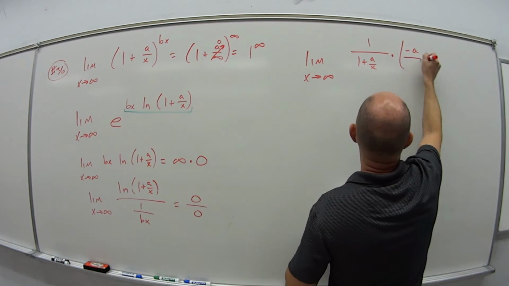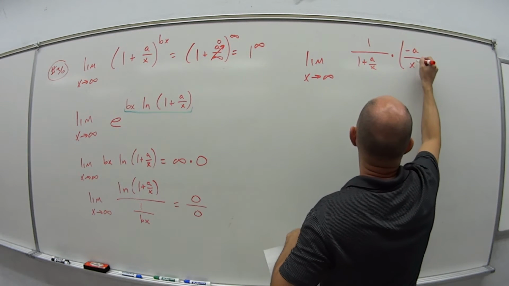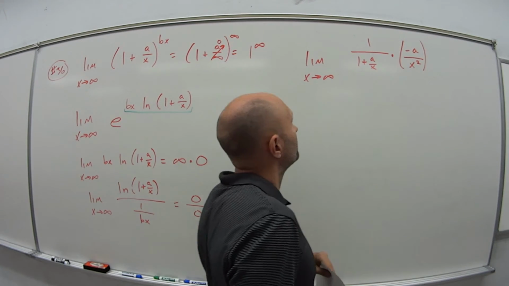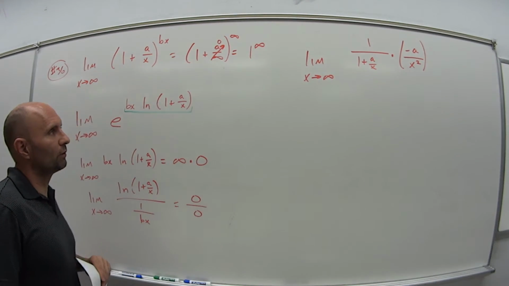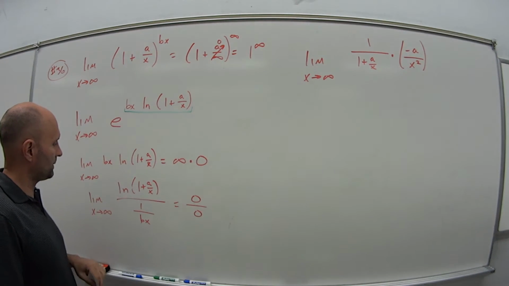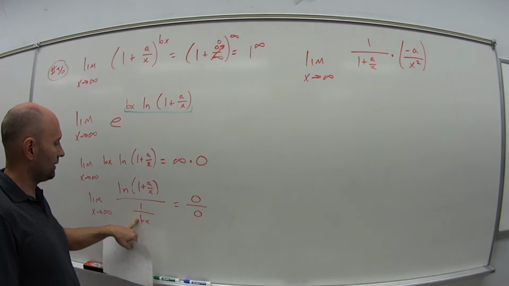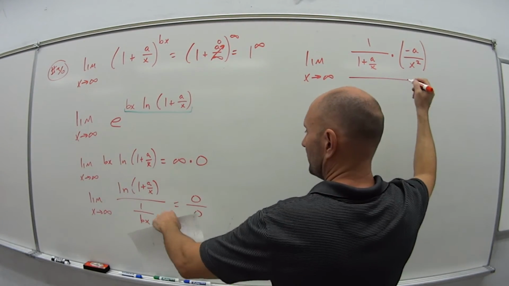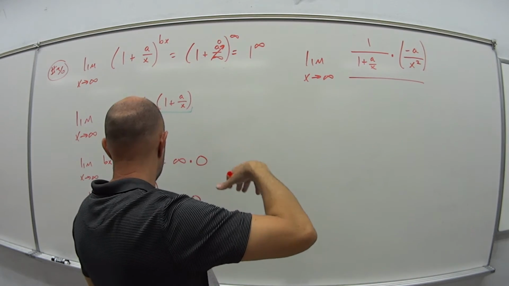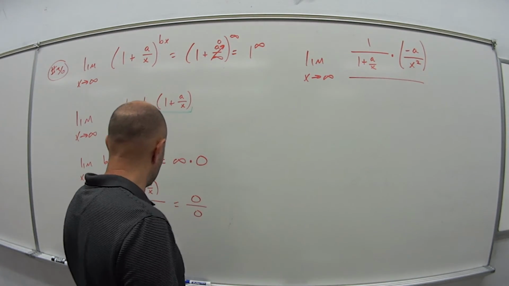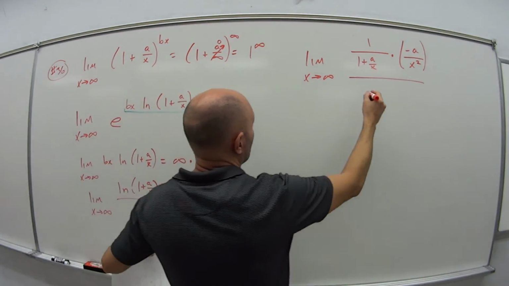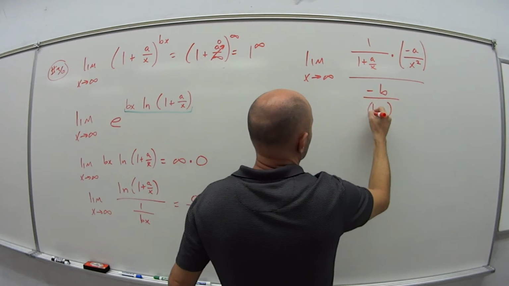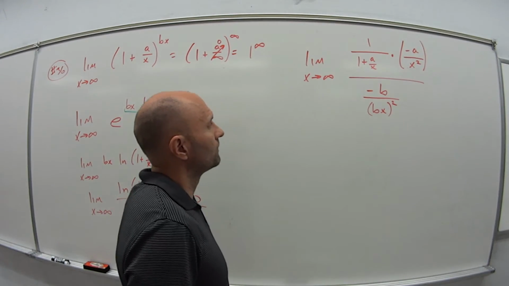So that's minus a in the numerator, all over the bottom squared. So that's what I get in my numerator when I take the derivative of natural log of that piece. In the denominator, it's quotient rule. So I get the derivative of the top, 0, times the bottom minus the top, 1, times the derivative of the bottom. So minus that is minus b all over bx squared.